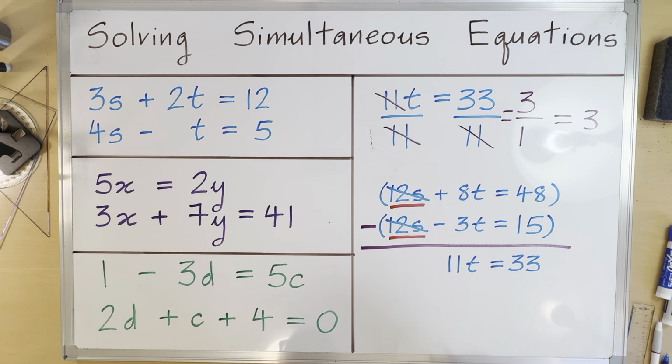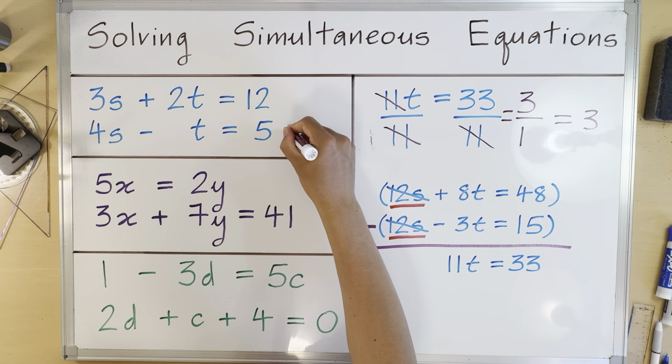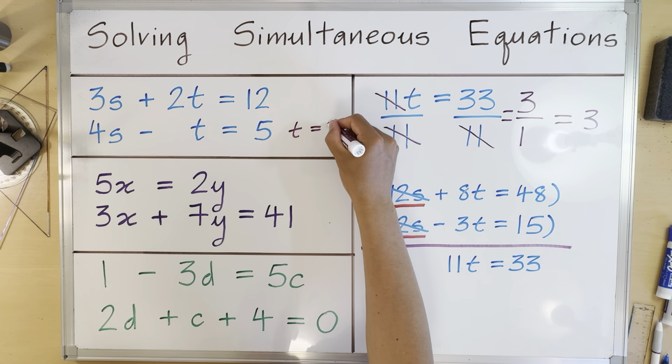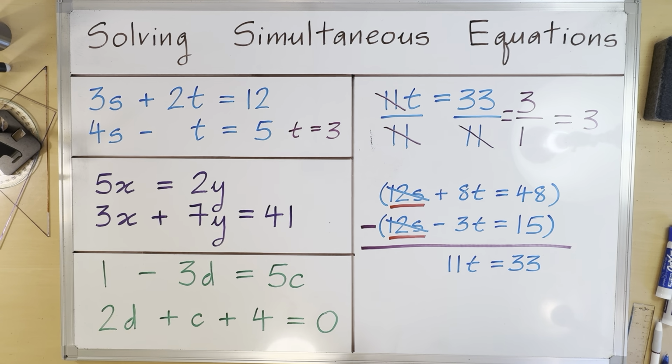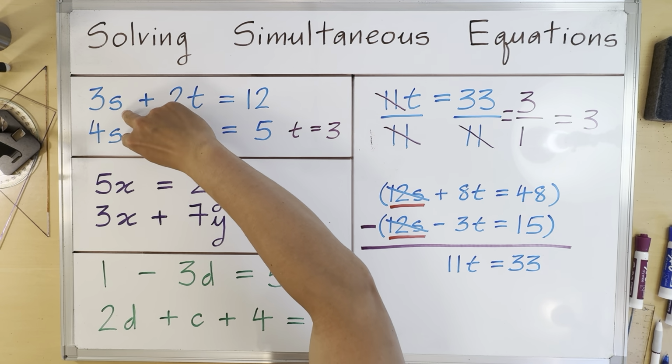So therefore, for the first problem, t is equal to positive 3. But we also have to solve for the variable letter s.